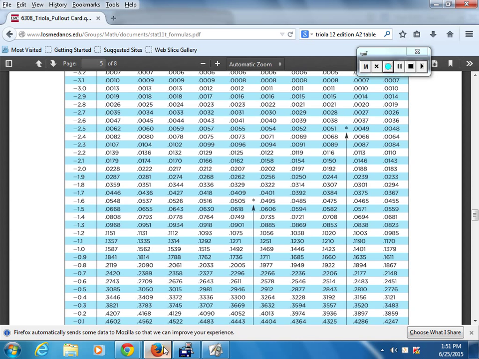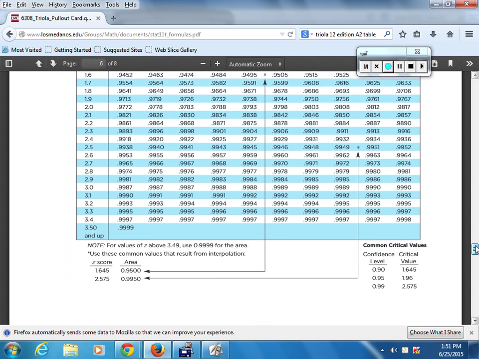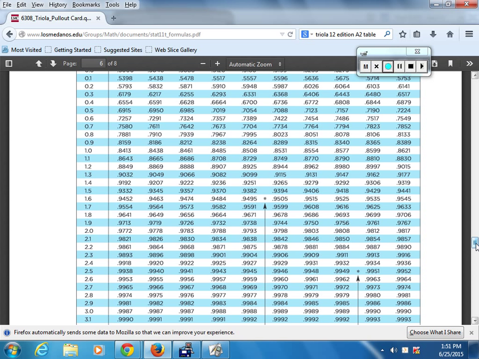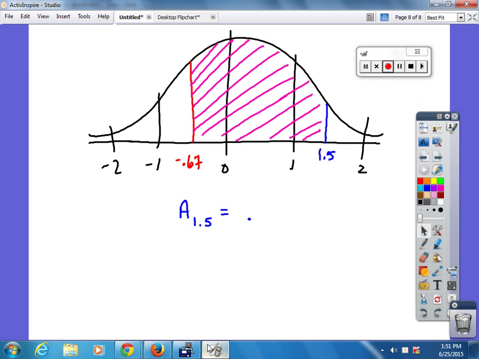Let's go down. 1.5 is 0.9332. Now let's go find negative 0.67.